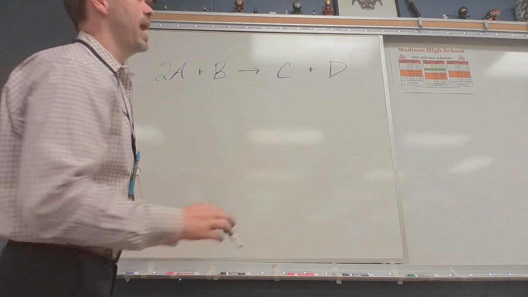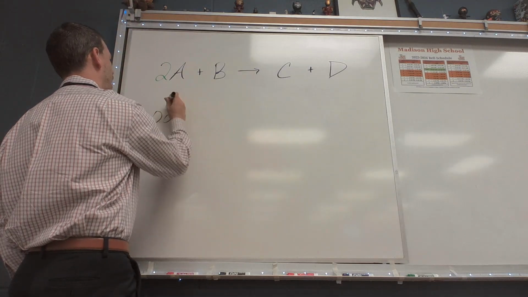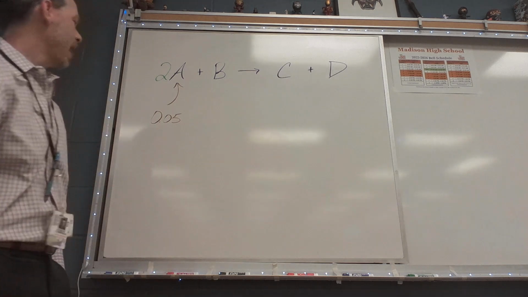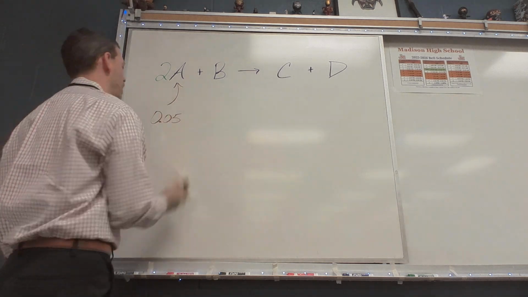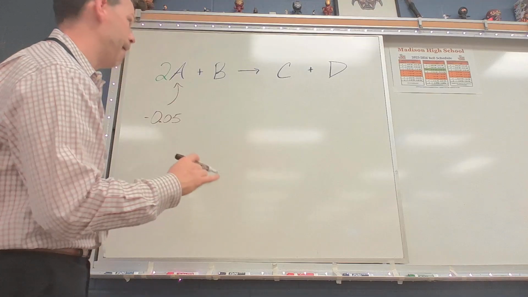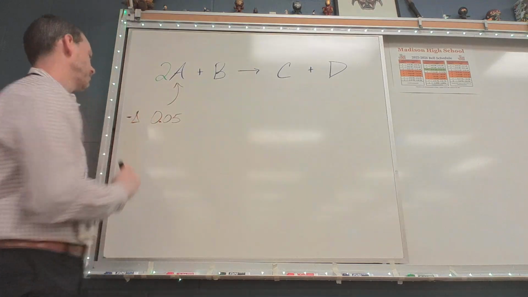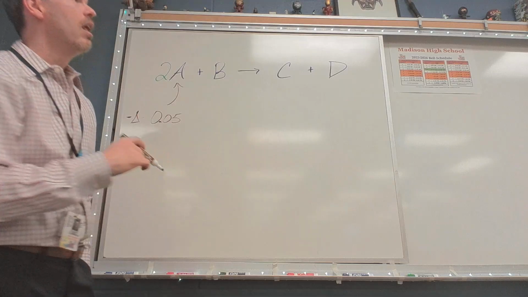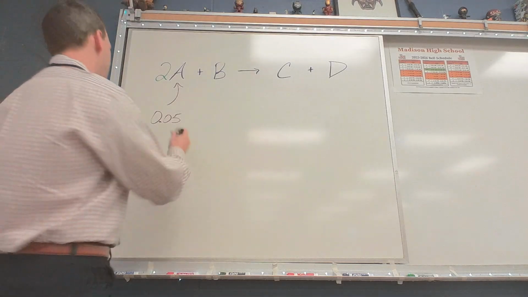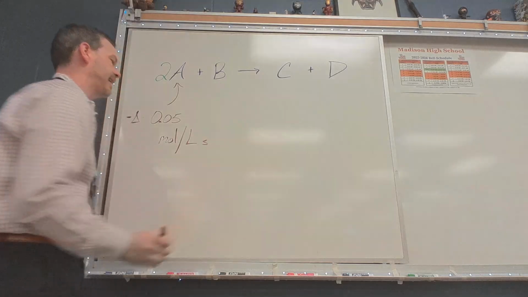But then it gives us rates, which is something that you have not seen before. All right? It gives us a rate of the first reactant of negative, because it's a reactant, right? So it has to be a negative change, not a negative rate, of 0.05 moles per liters per second. What does that S stand for?